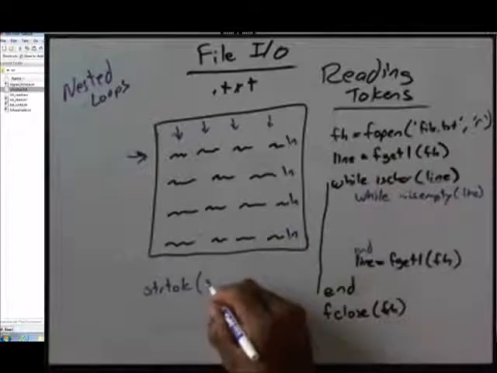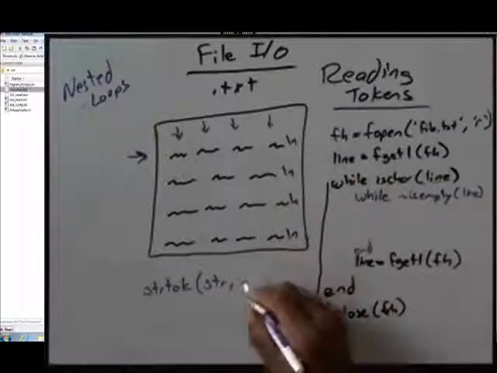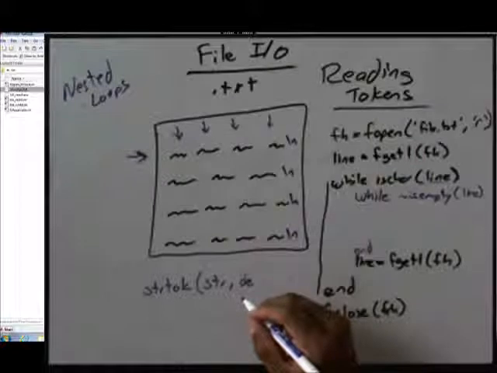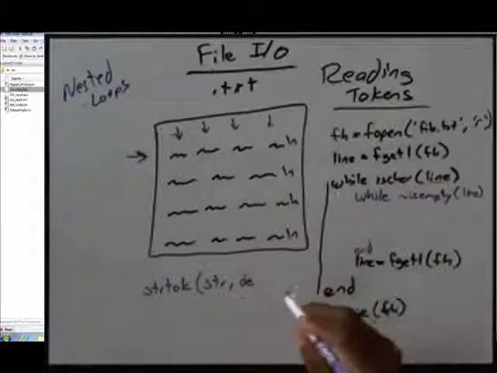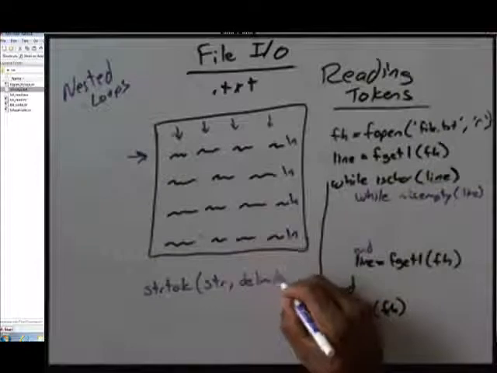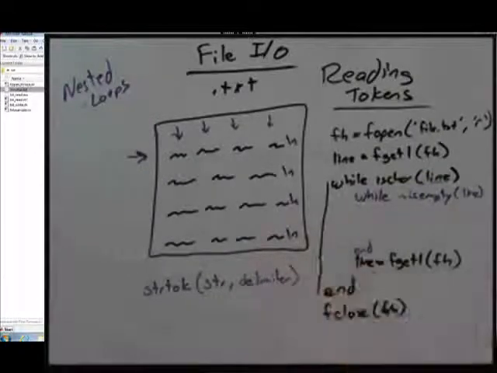What it does is it takes in a string, right, and it takes in the delimiter that you want. If you don't give it one, it's going to default to space. So we probably won't give it one because that's what most of our files are going to do, but it's going to default to space.